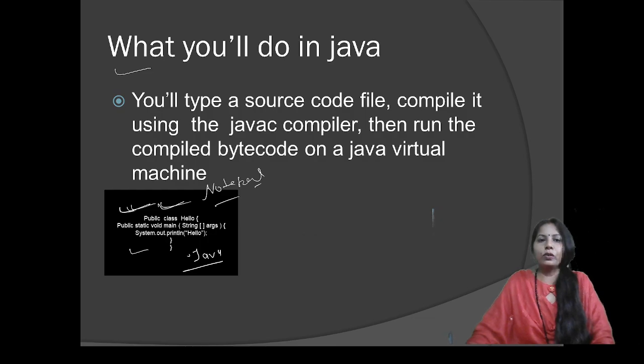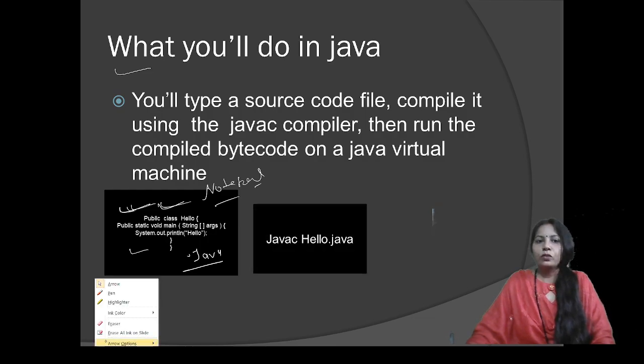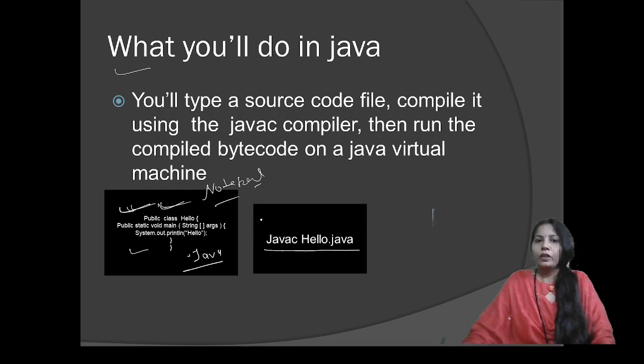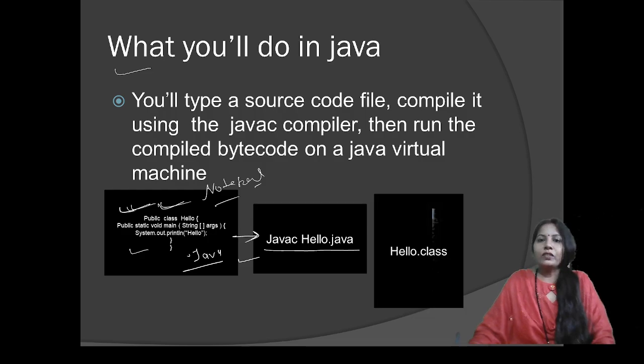After typing the source code, we save it using the .java extension. Now we need to compile this source code. So we type the syntax javac hello.java at the command prompt. As soon as we compile this source code, after receiving zero errors, it provides bytecode like hello.class.